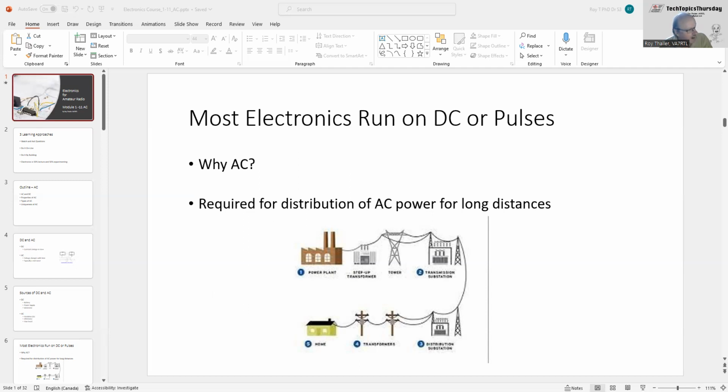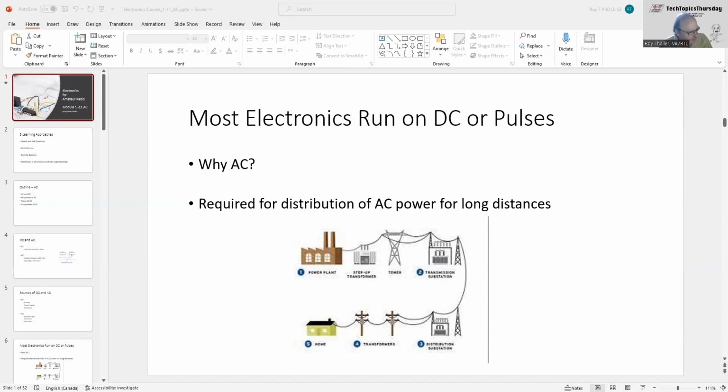So, you have a power plant, you have a step-up transformer, you run it along your transmission line, you get to a substation, then you bring it back down to a distribution center, and you generally would lower down the voltage again with a transformer.